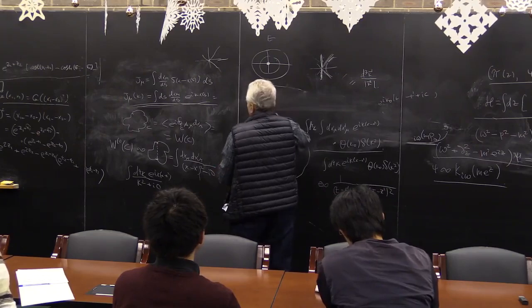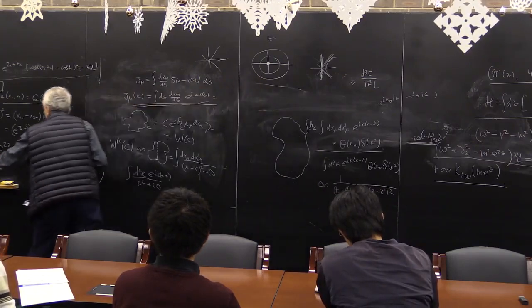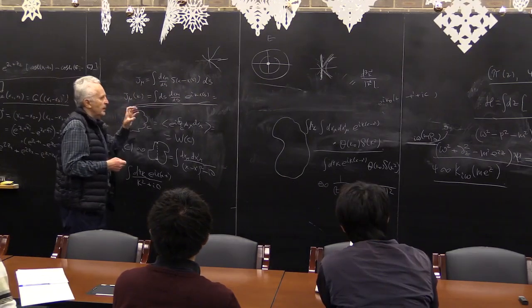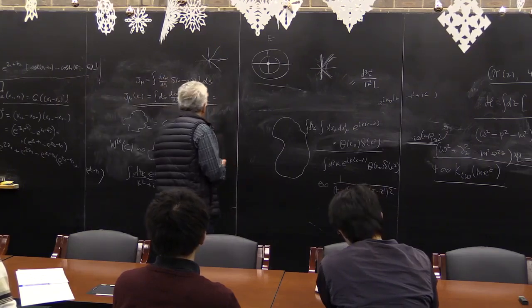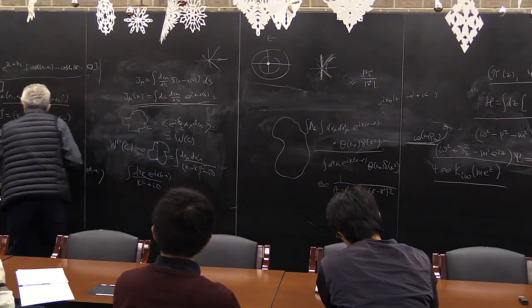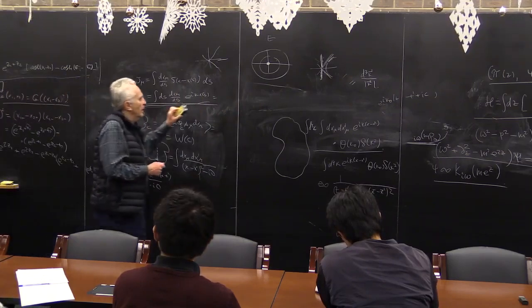If you want to know the decay, the probability for a particle to perform Bremsstrahlung, you have to calculate this modified Wilson loop.